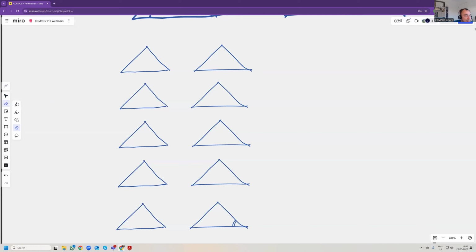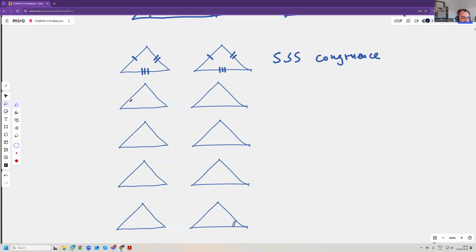Right. So side, side, side. That's easy. If this side is equal to this side, and this side is equal to this side, that's side, side, side congruence.